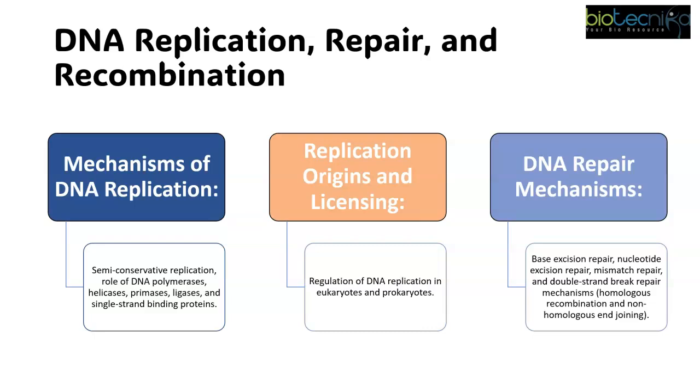From the exam point of view, GATE as well as CSIR NET, what all things should you first of all master from this? First of all, you should have a very good understanding of the basic mechanism of DNA replication, meaning you should know semi-conservative replication. You should also have a very good understanding of the Meselson and Stahl experiment.